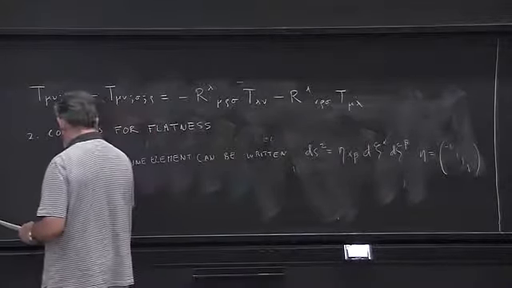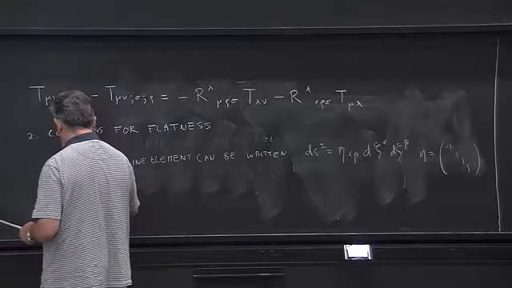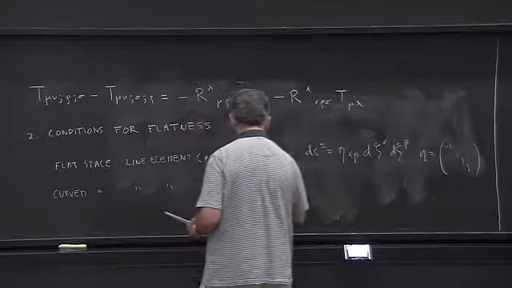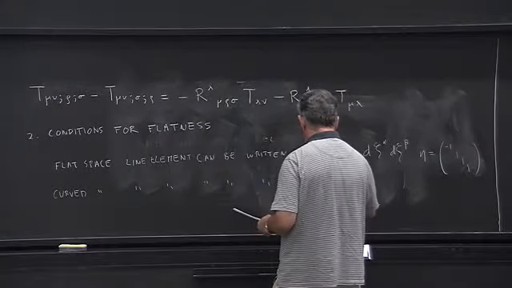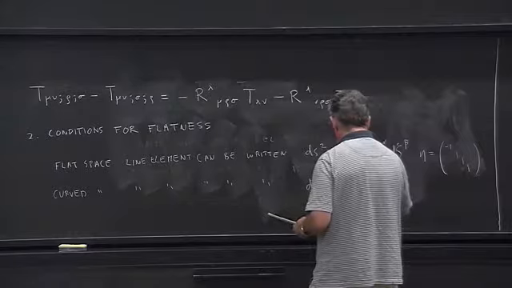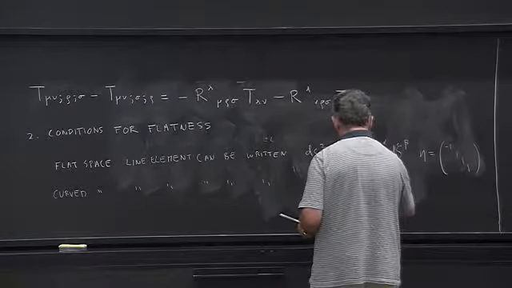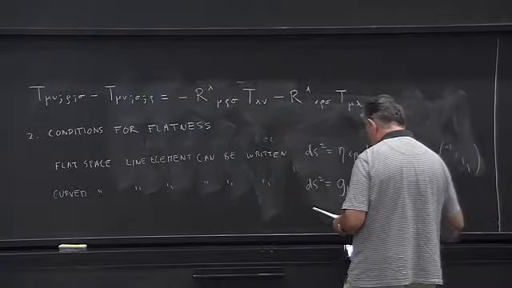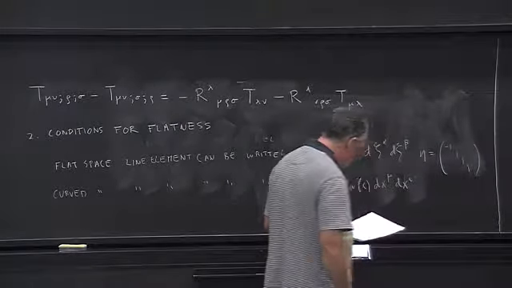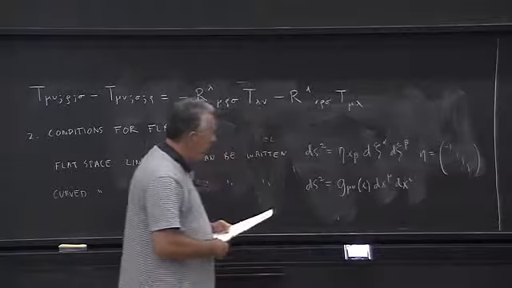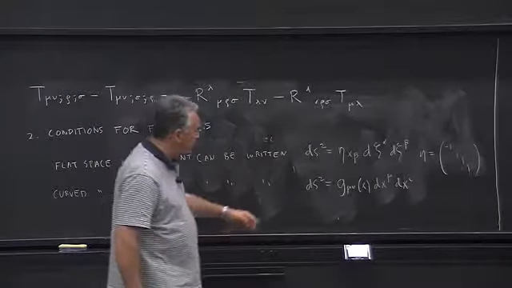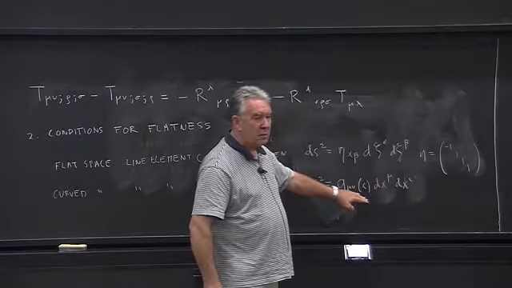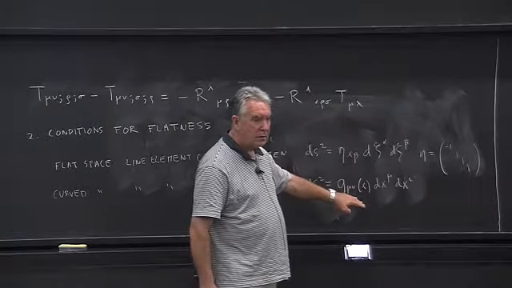In curved space, we have g mu nu of x, dx mu, dx nu. However, the x dependence here is rather a poor guide as to whether the space is really curved or not.